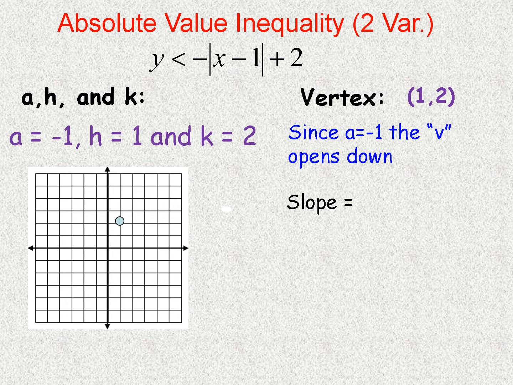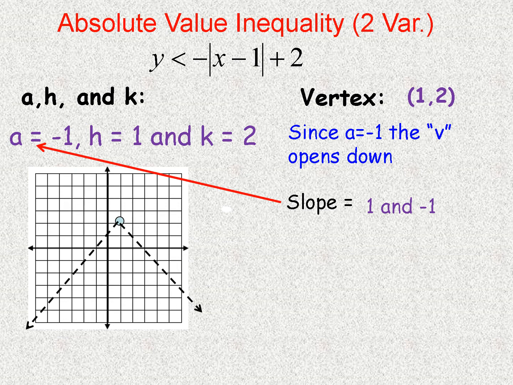So that's going to be plus or minus 1 times 1, which is 1. Therefore my slope on each side is 1 and negative 1. So I'm going to go to the vertex. I'm going to go down 1, over 1 in both directions, then repeat one more time to get 5 points on my graph, down 1, over 1.